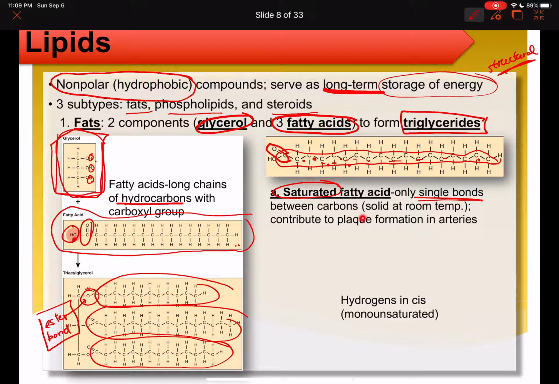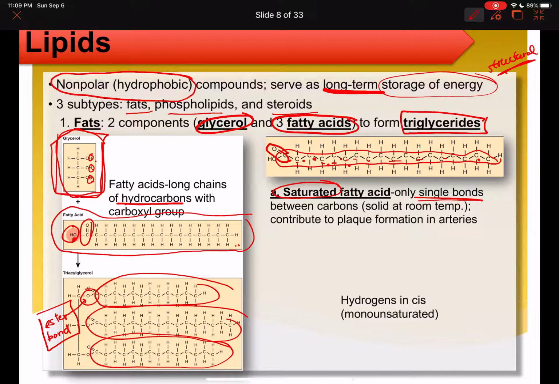And because they are formed in a linear conformation, 3-dimensionally speaking, they tend to stack on top of each other in an easy format, and that's why saturated fatty acids can usually become solid at room temperature. Okay, and hence that's why you sometimes see some fat looking like goo almost.